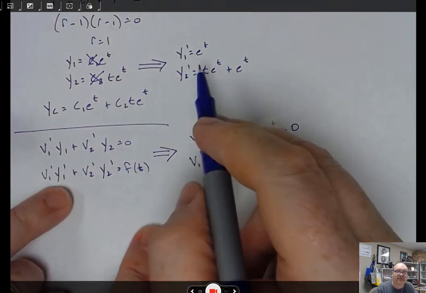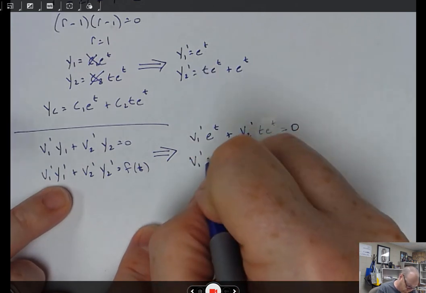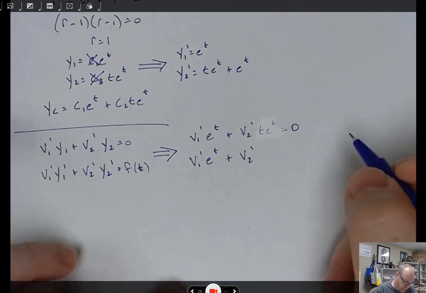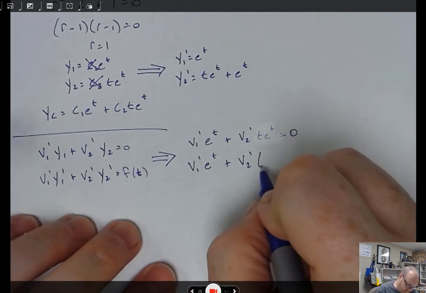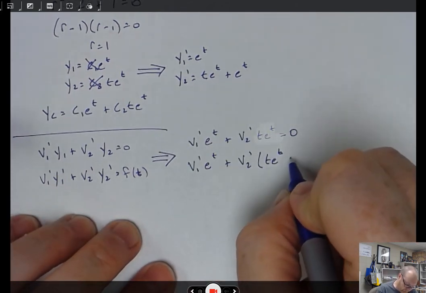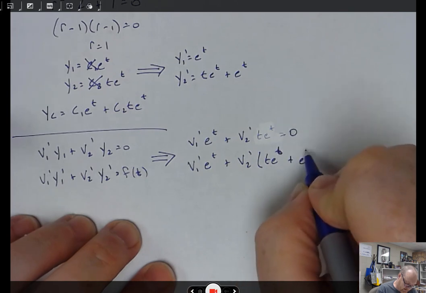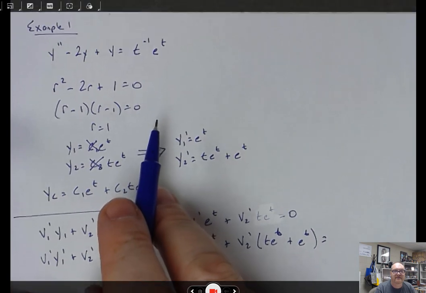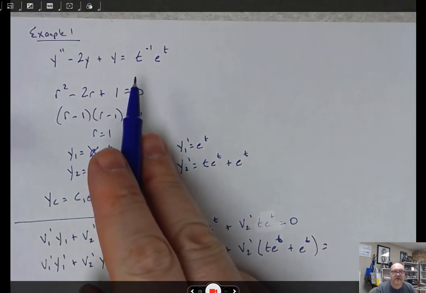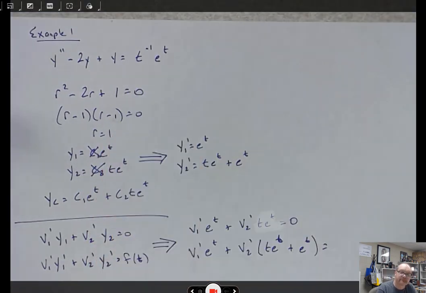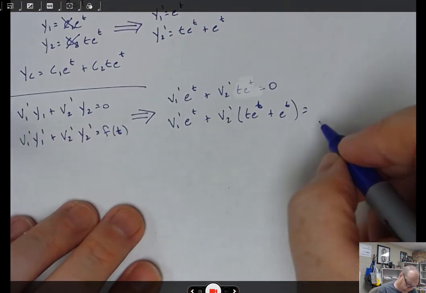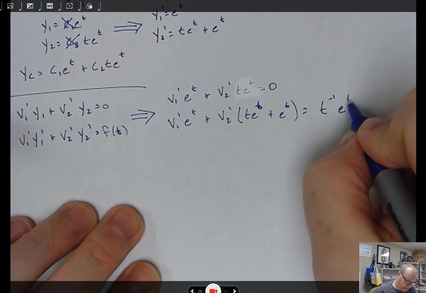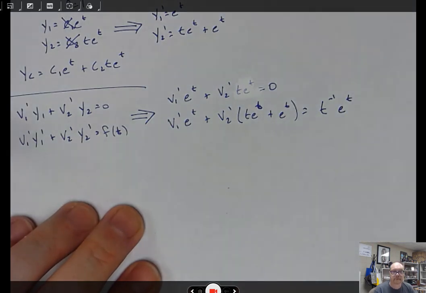y1 prime is e^t, and y2 prime is t e^t plus e^t. And I want that equal to the function, which is up at the very beginning, t^-1 e^t.